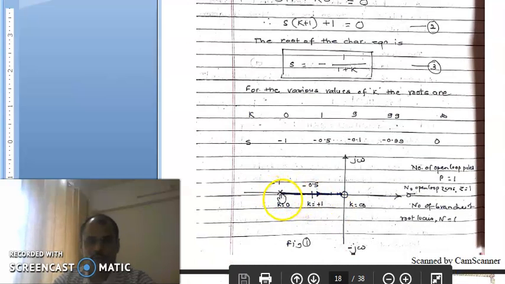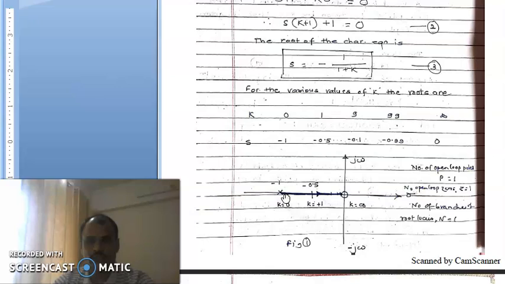the original root, when system parameter is 0, at that time it is at s is equals to minus 1, and this root starts moving towards origin or towards the open loop 0.